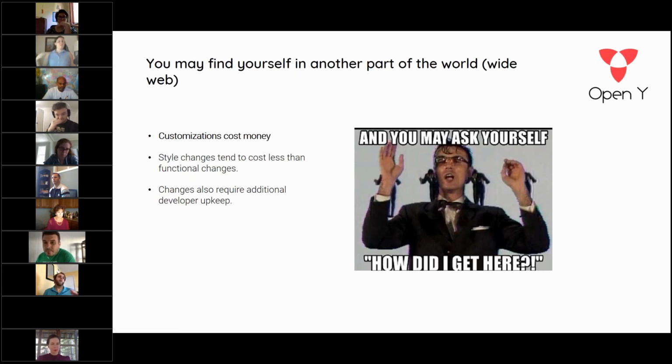Now, I like to put changes in the context of, well, how big is it? Because for some associations, such as ours, we like to make changes to bring things in line with our style guide or to reflect our communities better. And style changes tend to cost less than functional changes.